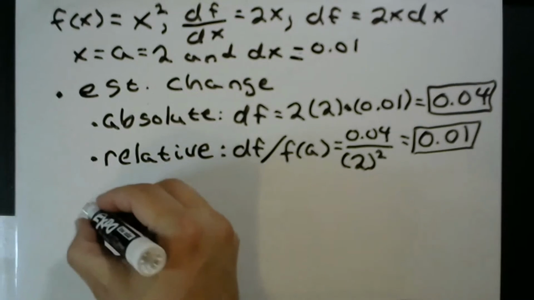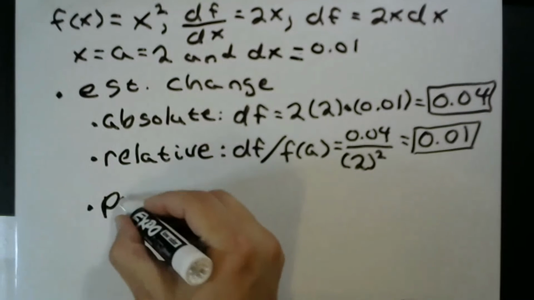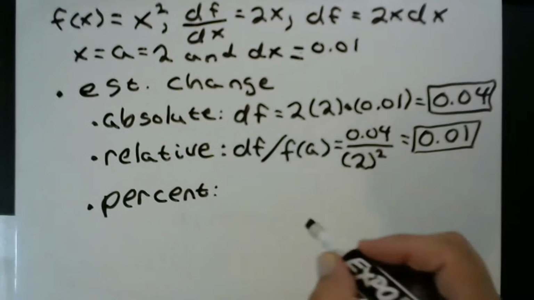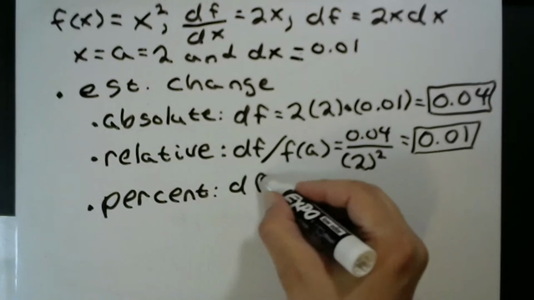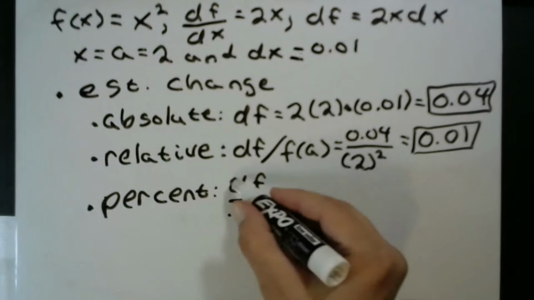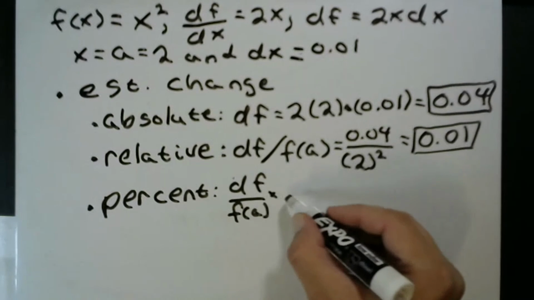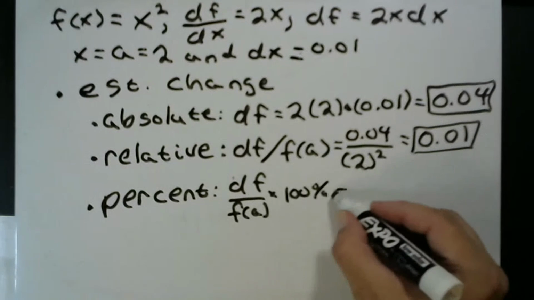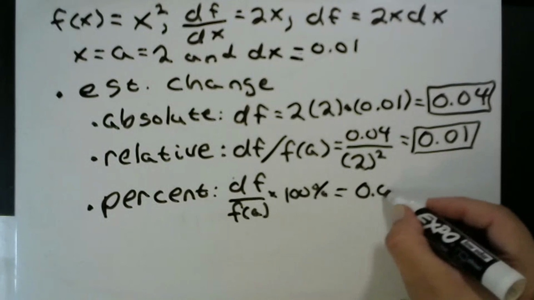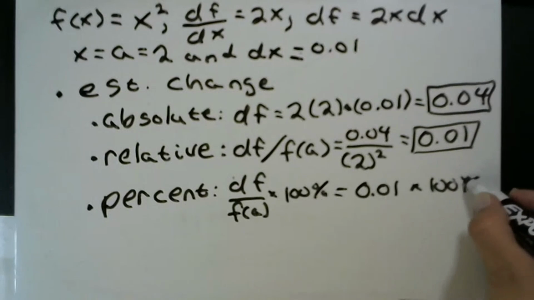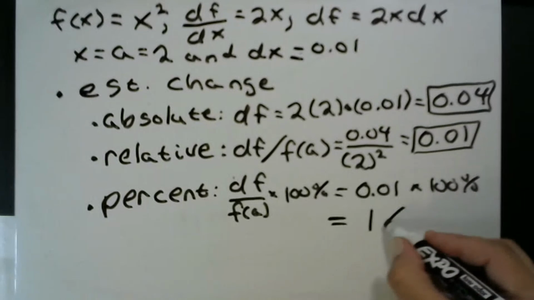And then finally, percent change. It's df over f of a times 100%, or 0.01 times 100%. And so what we're going to get is 1%.